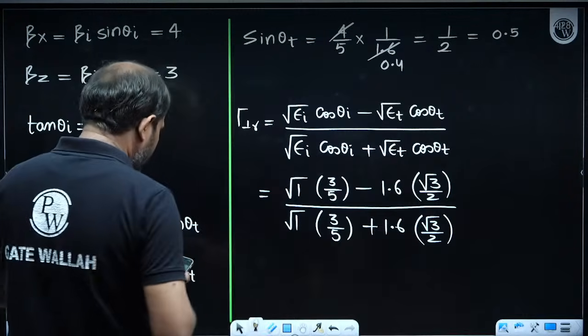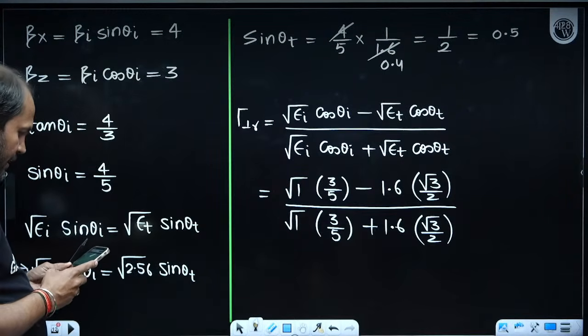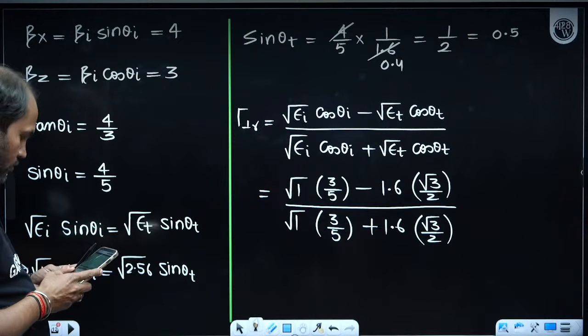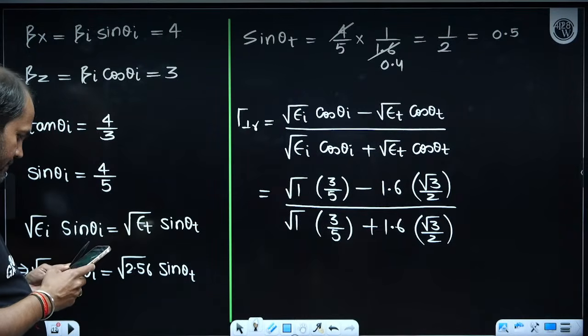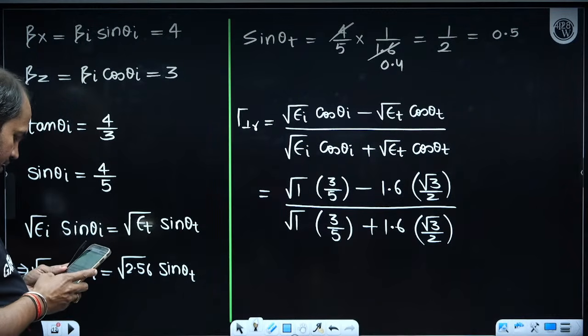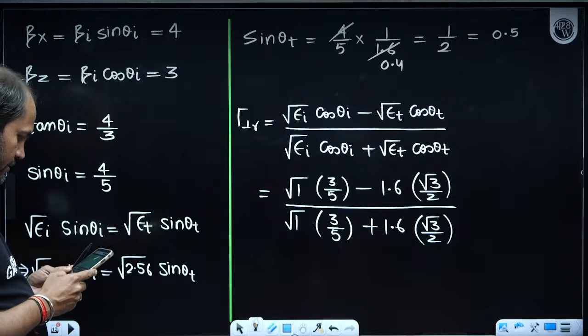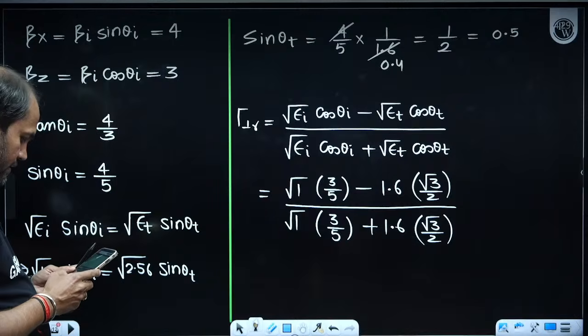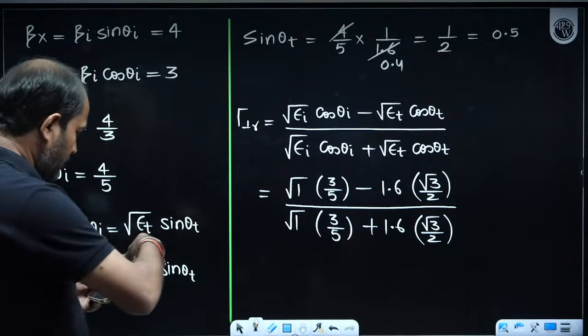So 3 divided by 5 is 0.6. So 1.6 into root 3 by 2 is about 1.38. So 0.6 minus that answer, divided by 0.6 plus it.